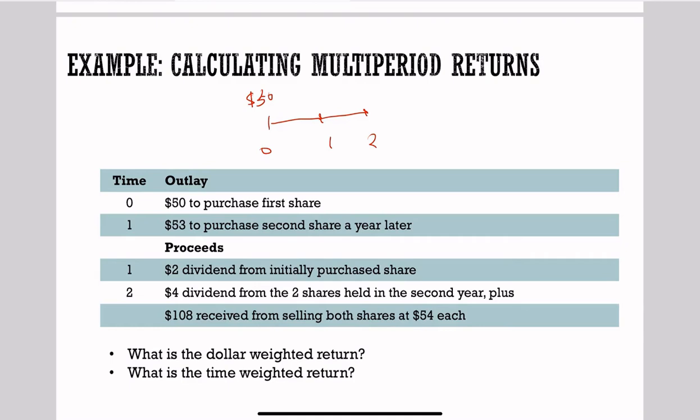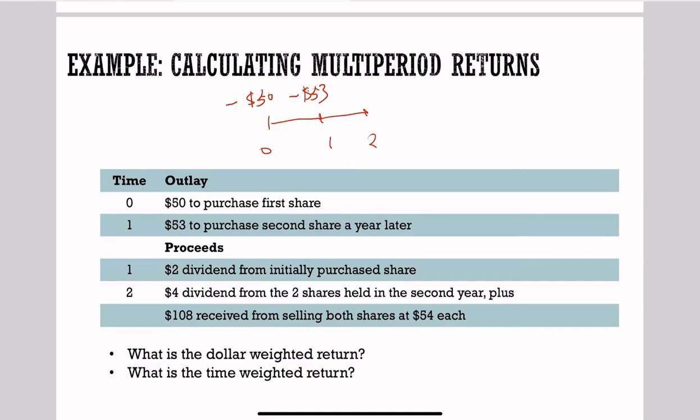And now at time 1, that is after one period, you will continue to invest to buy a second share, right? So at the end of the first year, you would purchase another share. And these are your investments or your cash outflow.